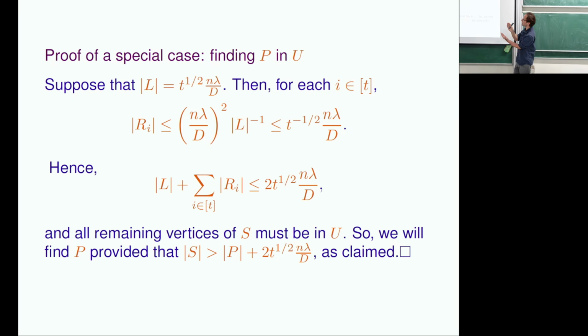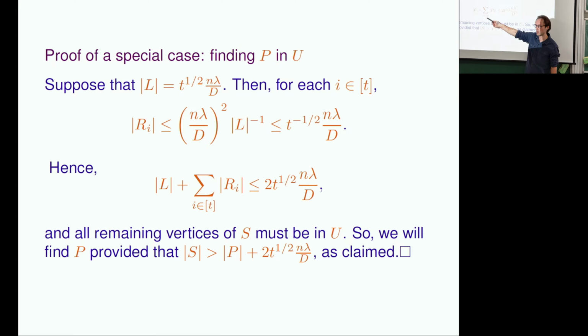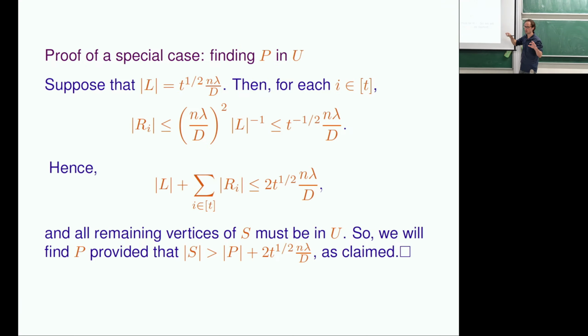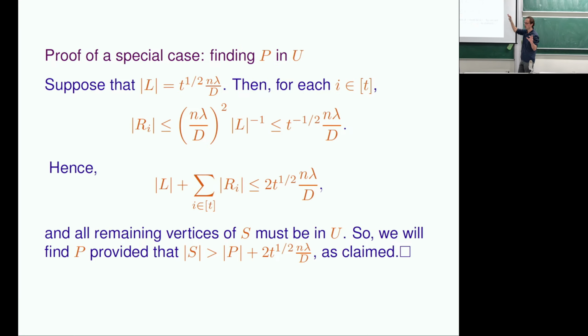So at some point in the execution of the algorithm, the size of L is going to be root t times n lambda over d. And at that time, we know that each Ri has size at most 1 over root t times n lambda over d. And there are t different sets R, so in total we have 2 times root t times n lambda over d vertices between L and all of the R's combined.